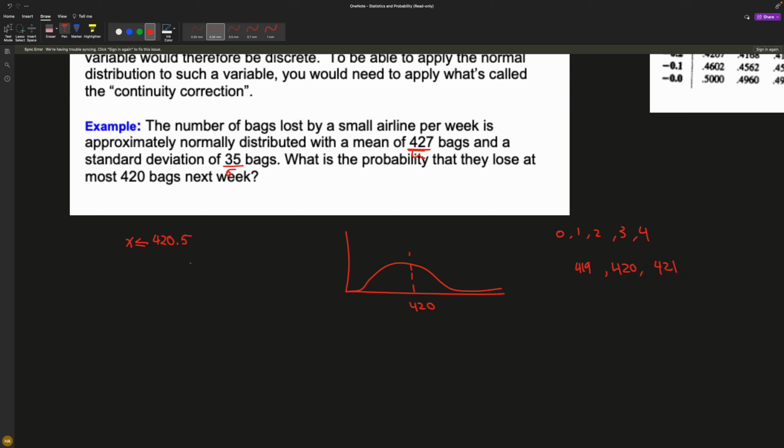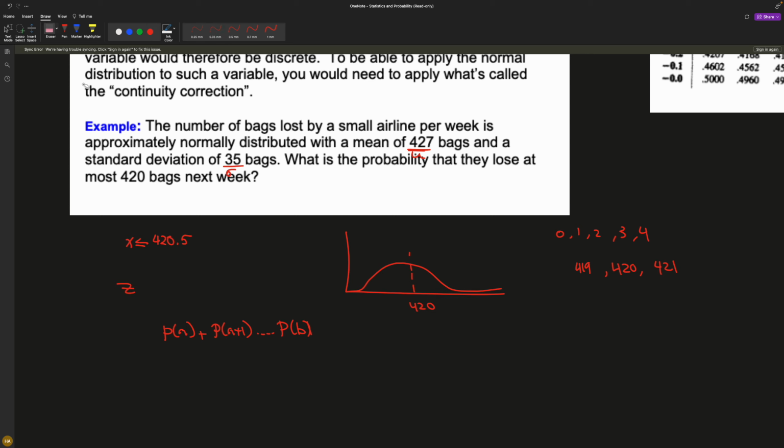Now remember, we have our sigma and all that. For a discrete distribution, you would want to do P at A plus P at A plus 1, and so on. But we don't have that; they didn't give us any of that. As soon as you realize you can't do it, then it's the standard normal distribution.